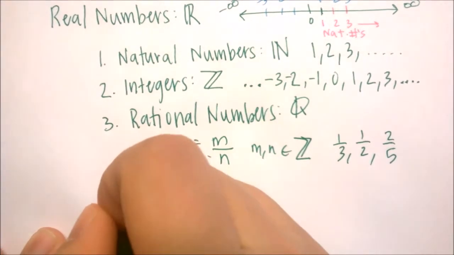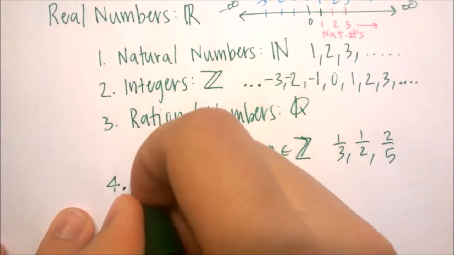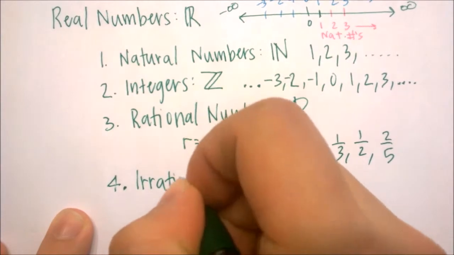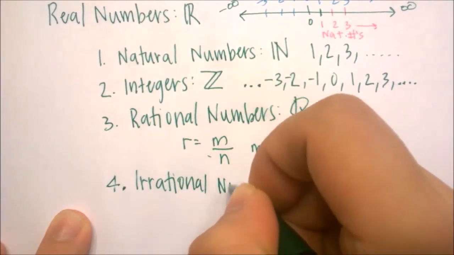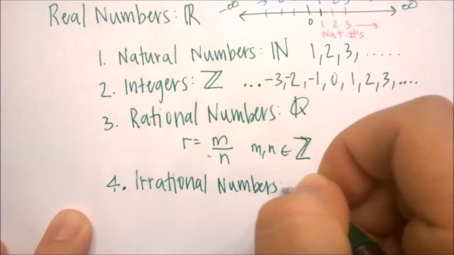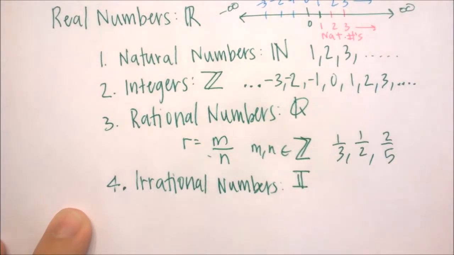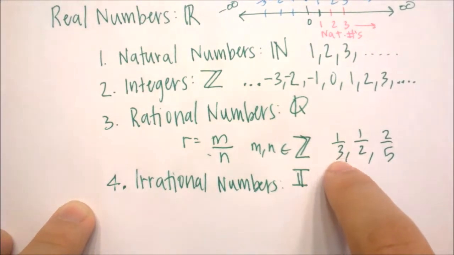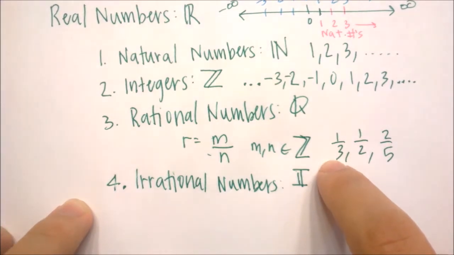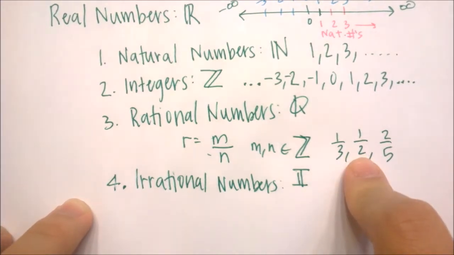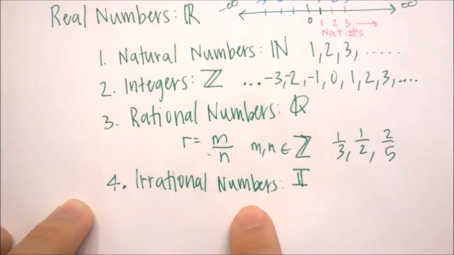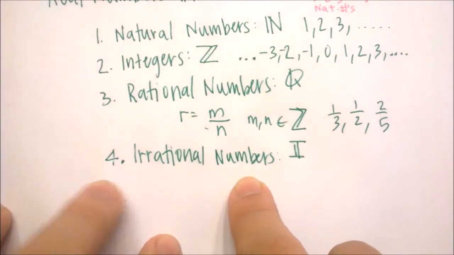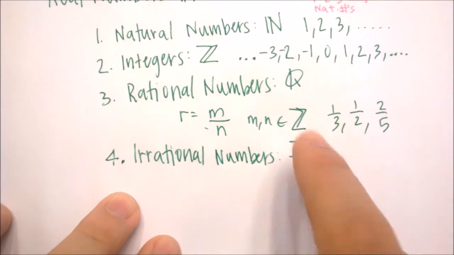The fourth one we're going to want to talk about is irrational numbers. This is denoted as a bold I. These numbers can't be expressed as a ratio of integers. A rational number can be expressed as a decimal, 0.333 repeating, or 0.5. But irrational numbers are decimals that cannot be expressed as a fraction.